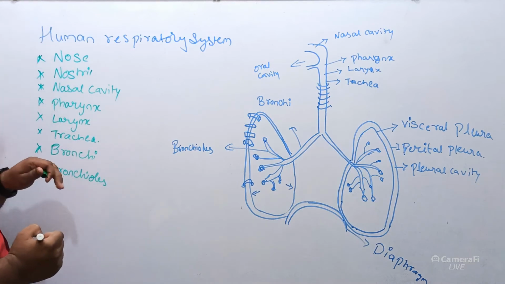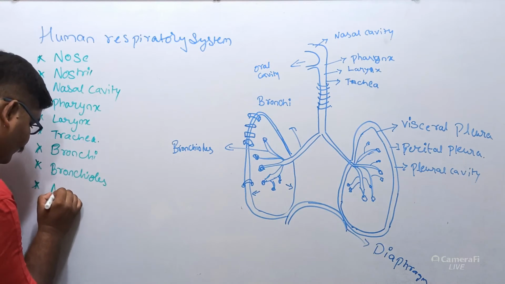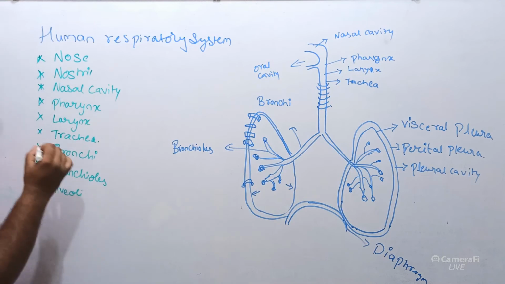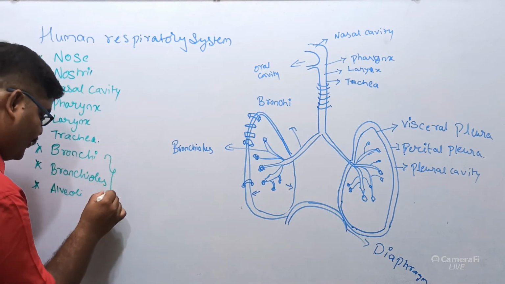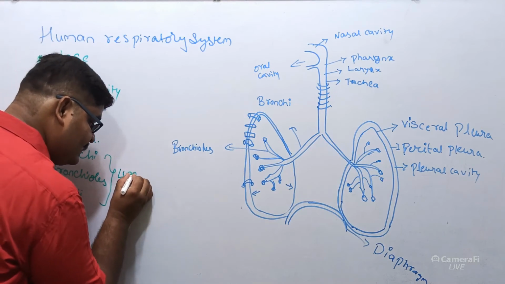Then at the edge of these bronchioles we have the alveoli, and the bronchi, bronchioles and alveoli are found in the lungs.